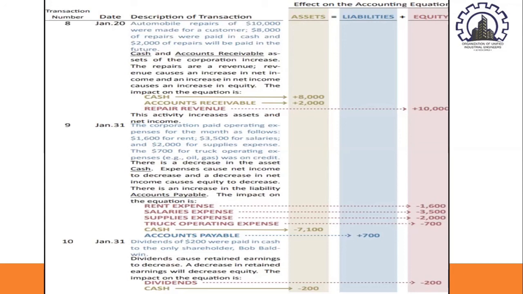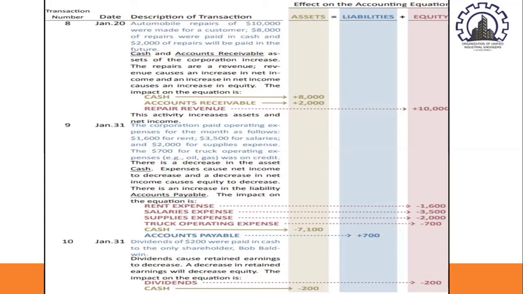So therefore, if we try to dig deeper, there is a decrease in the asset cash, because technically you make a payment. That's an outflow of the company's assets, and you have rent expense.